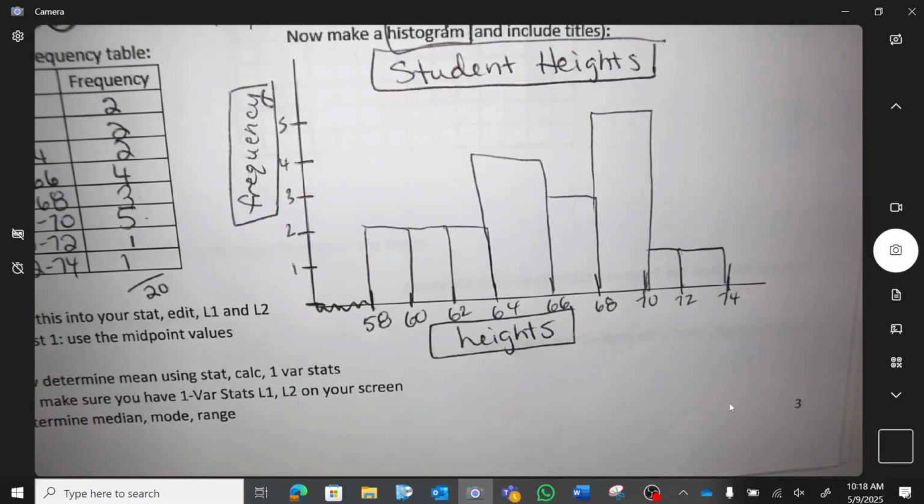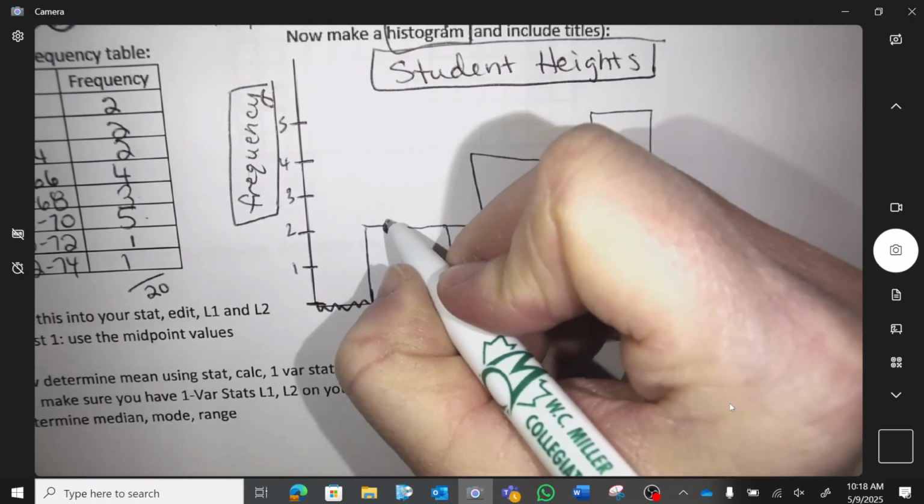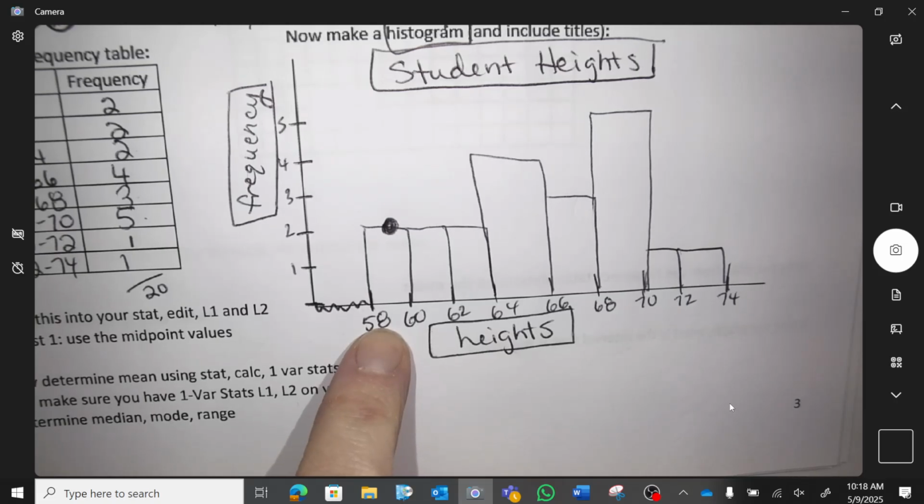Okay, so if you were to do a polygon or line graph instead, I would have expected a dot actually in the middle, like that. You don't have to write this.